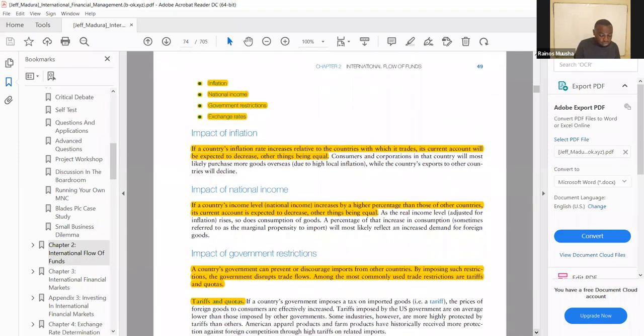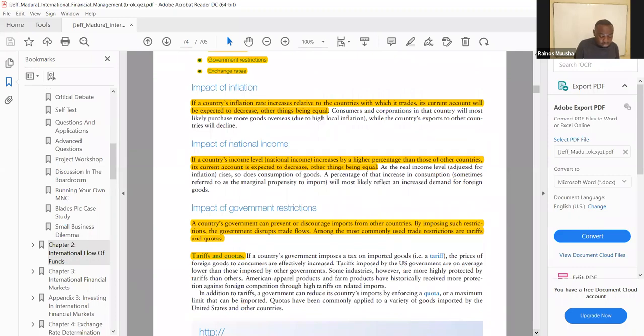Next, we look at the impact of government restrictions. Here they say, a country's government can prevent or discourage imports from other countries. By imposing such restrictions, the government disrupts trade flows. Among the most commonly used trade restrictions are tariffs and quotas.